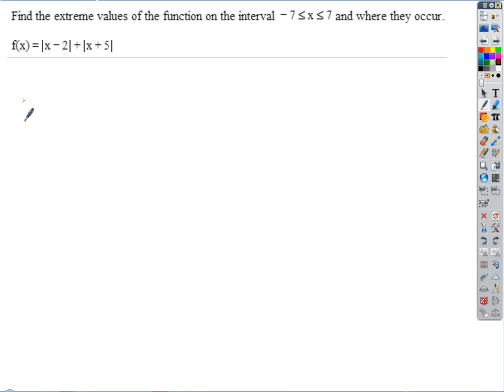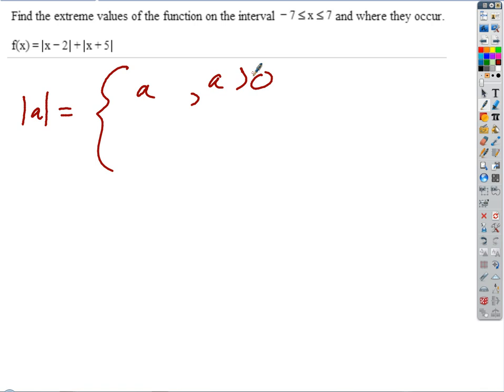Remember, we said that the absolute value of A we can define as a piecewise function. And so whenever you see absolute value functions and you want to do calculus on them or some analysis, you always want to rewrite them as piecewise functions. You have different definitions on different intervals, right? So the absolute value of A, whenever A is positive, doesn't do anything.